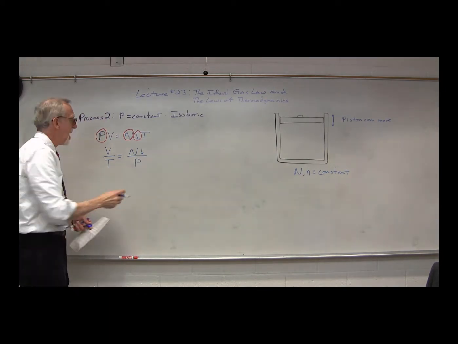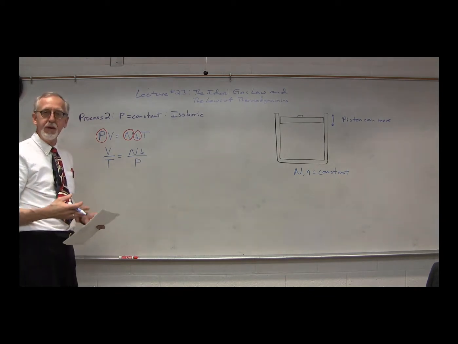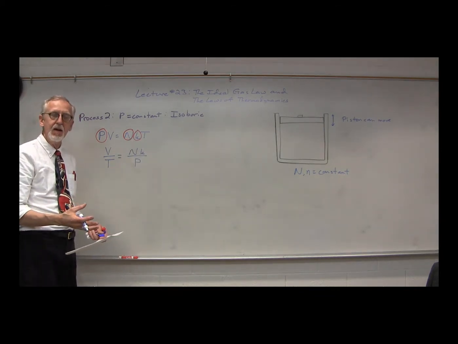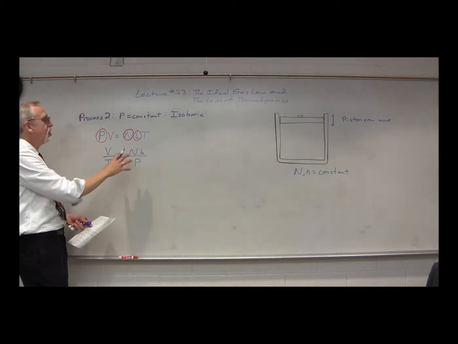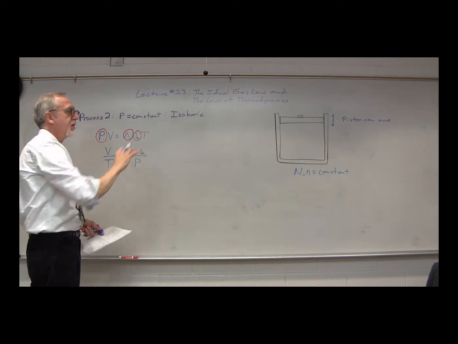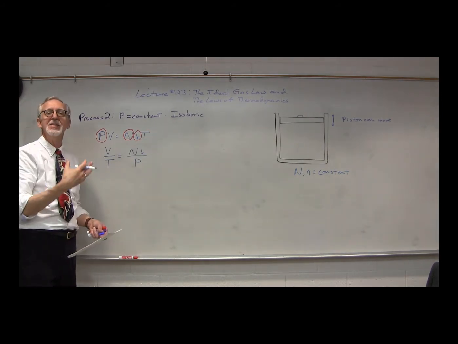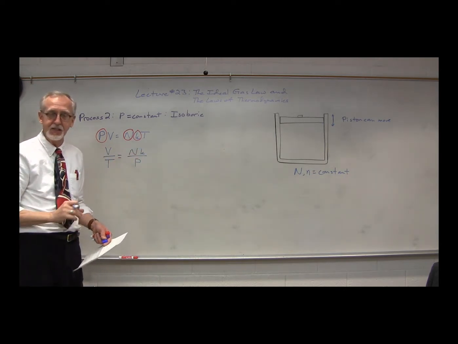Now, notice that everything on the right side, N, k, and P, are all being held fixed. In other words, the right side is constant, but if the right side is constant, the left side must be constant. So, no matter what we do, if the volume and the temperature change, the ratio of V over T must stay the same, because we know that equals the right side, and the right side is not changing.